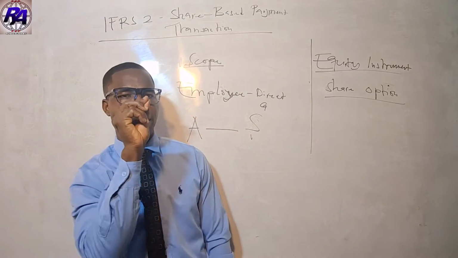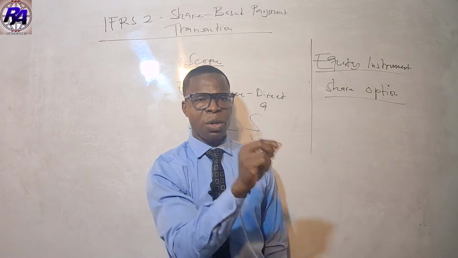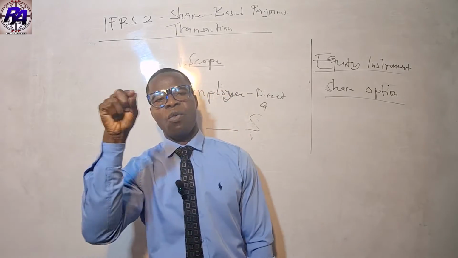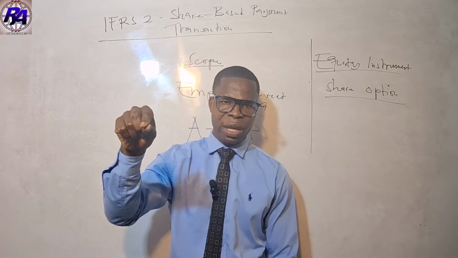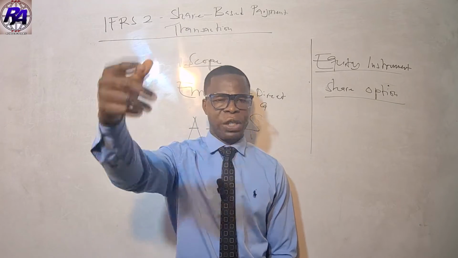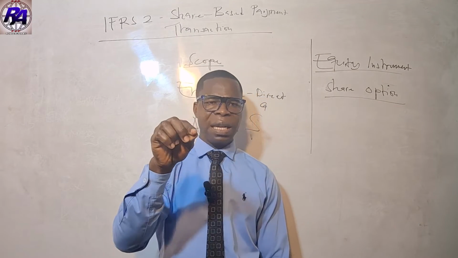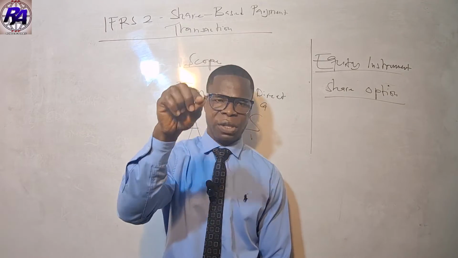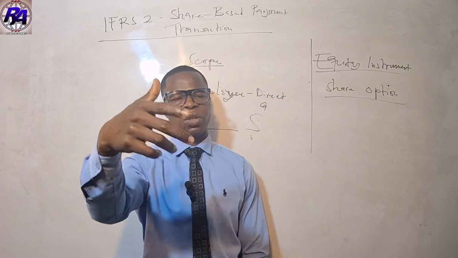One of them is by issuance of shares. So a parent entity, an acquirer, an investor entity can acquire an investee, an acquiree, or a subsidiary by issuance of shares.